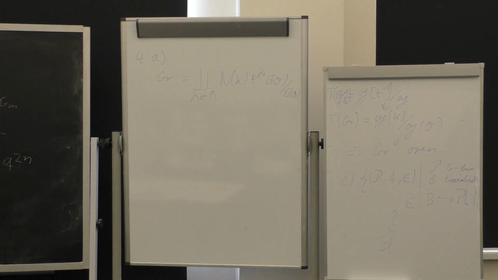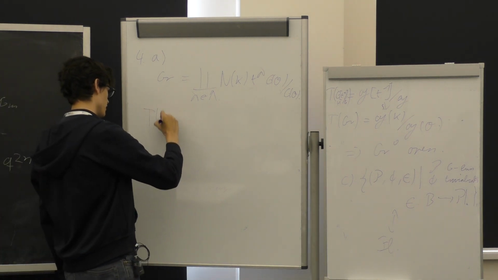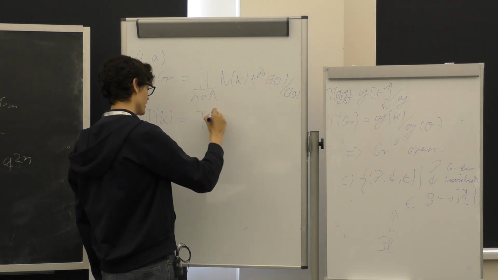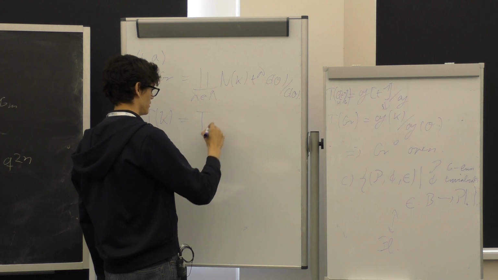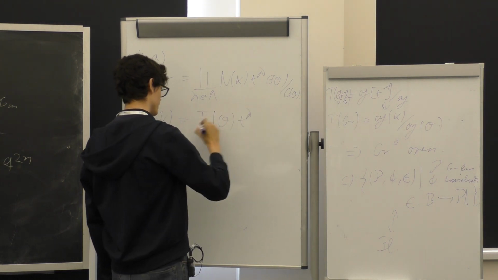But we know that T(K) is equal to T(O) times the union of the t^lambda.